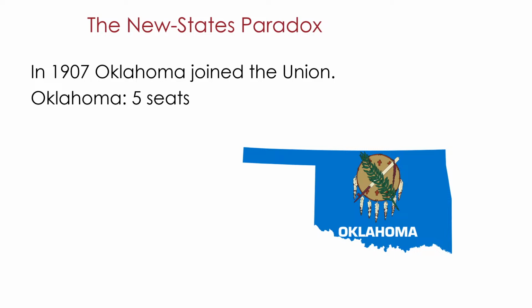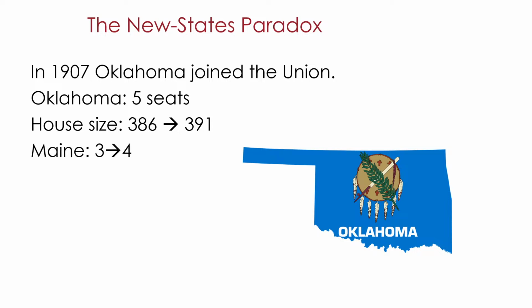They figured, based on the previous apportionment, the previous divisor, Oklahoma should get 4 or 5 seats. That was all well and good, but someone in the Congressional Budget Office decided to redo the apportionment just for fun and discovered this little thing: when the House size went up from 386 to 391 back in 1907, Maine actually gained a seat and New York lost a seat.